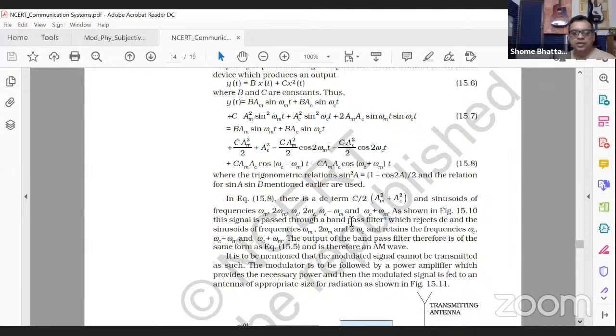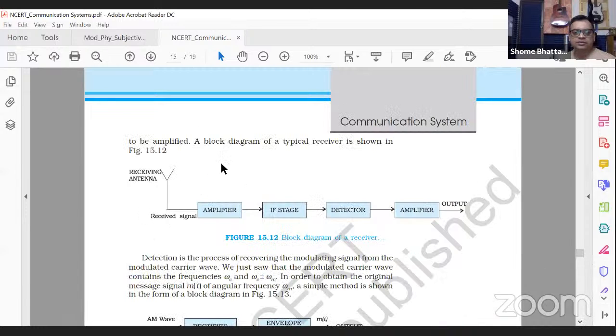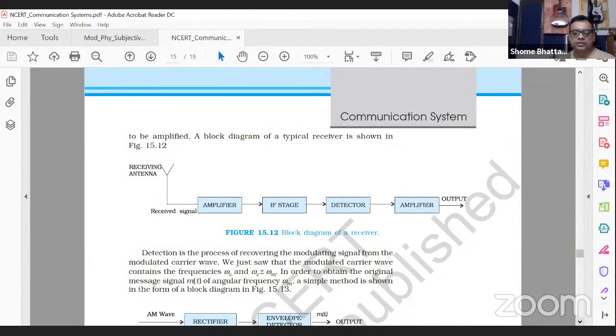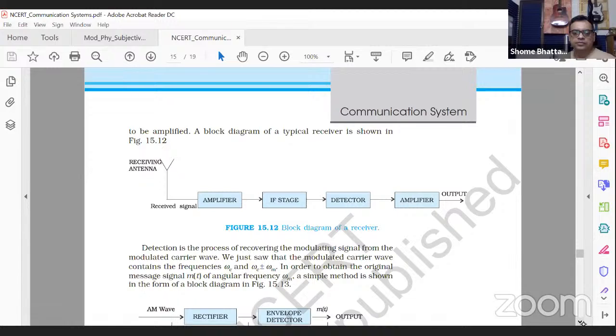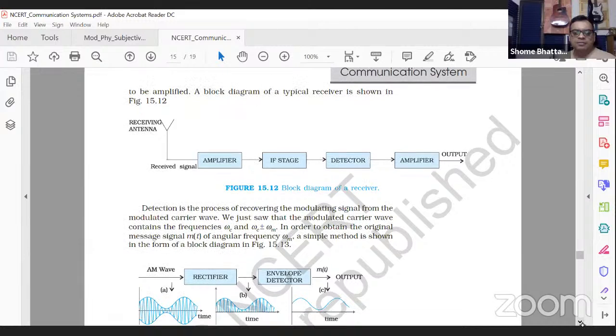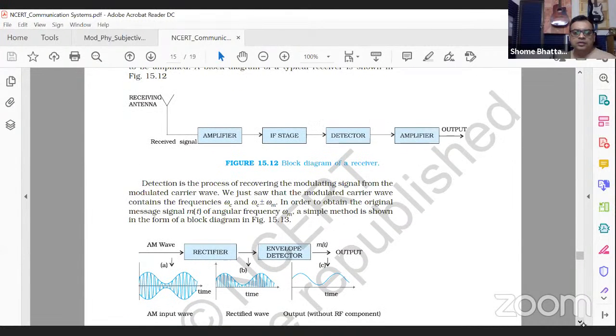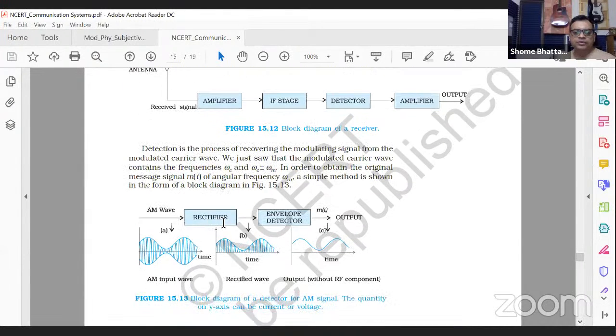Okay. And then finally, at the receiver's level, what happens? The received signal goes through amplifiers, it goes through a detection stage, which is the IF stage. And finally, the output signal is received this way. So for example, an amplitude modulated wave will first go through a rectifier.